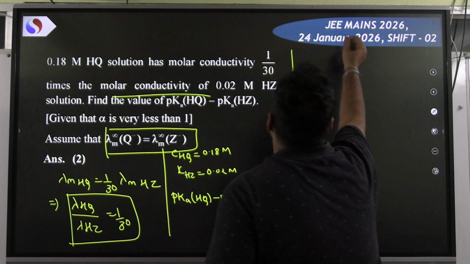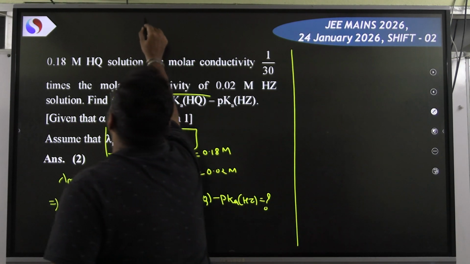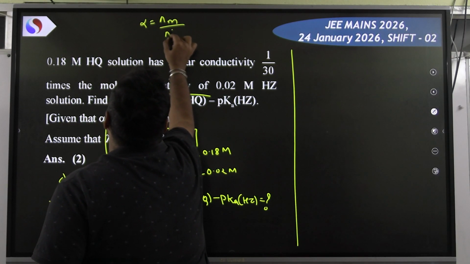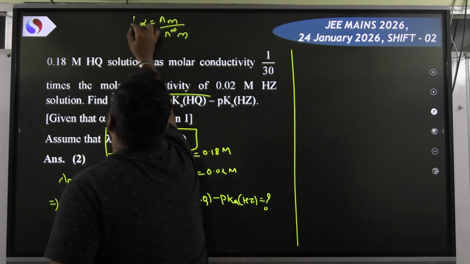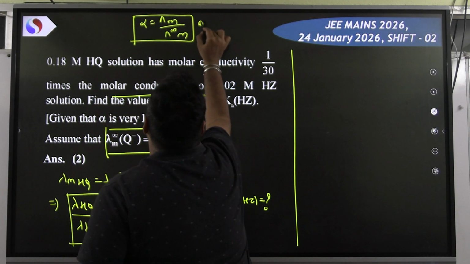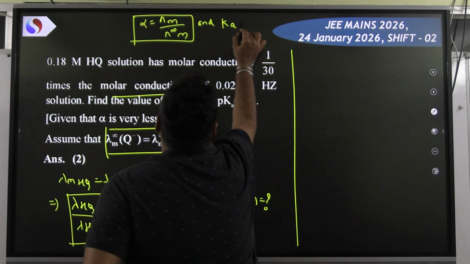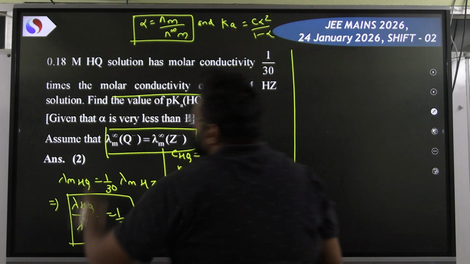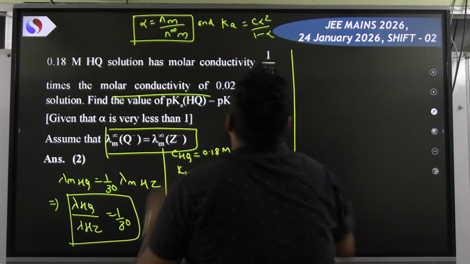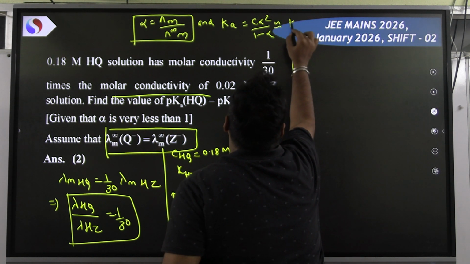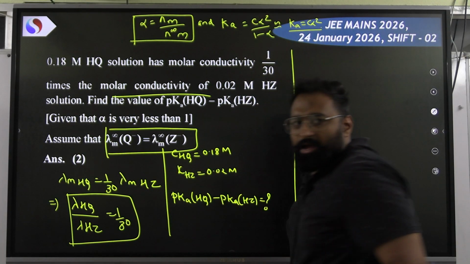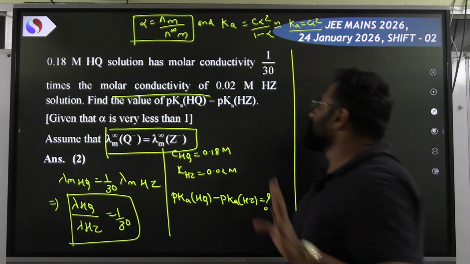Our formula is alpha is equal to lambda m upon lambda infinity m. And Ka is equal to C alpha square upon 1 minus alpha. Since alpha is very much less than 1, I can rewrite this as Ka is equal to C alpha square. This formula we know very well.